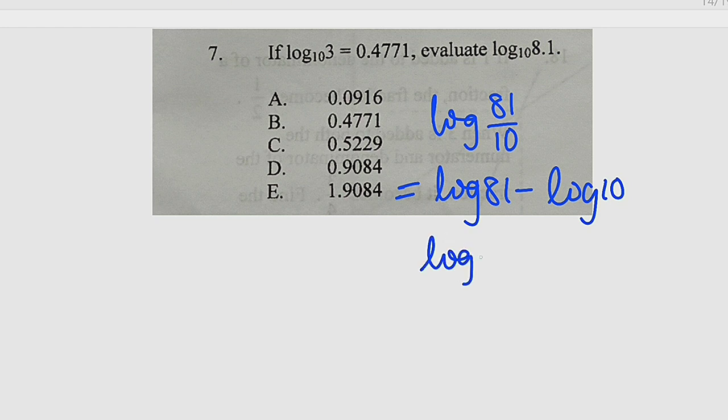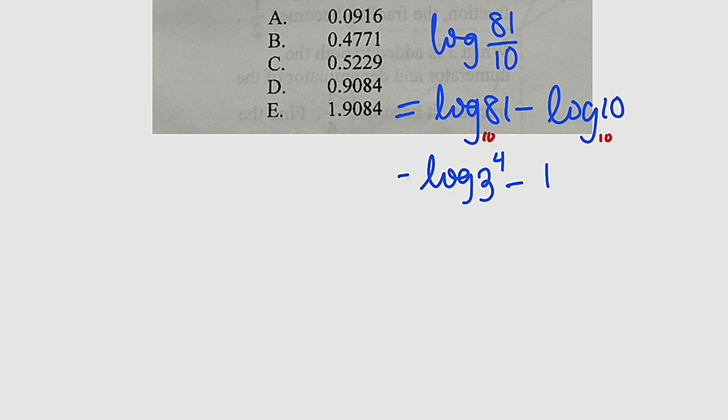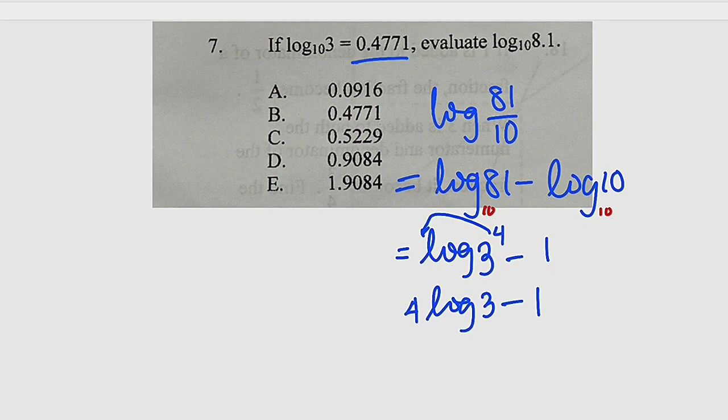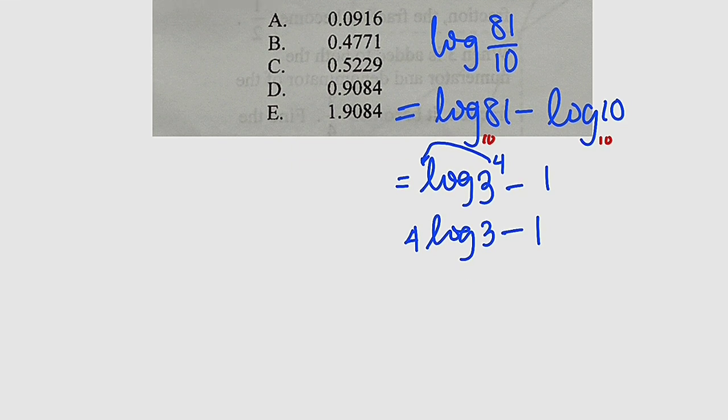So this is log of 3 raised to the power of 4 minus log of 10. Log of a number having the same base as the number is forever equal to 1. Remember, this is base 10, this is base 10. Log of 10 base 10 is equal to 1. So we have 1 right here. And according to one of the laws of logarithm, this power can drop down to multiply. So we have 4 times log of 3 minus 1. But log of 3 is given from the question as 0.4771.